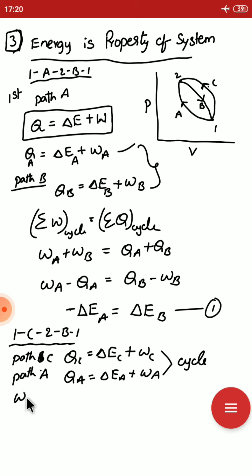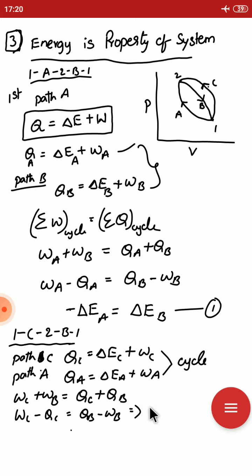The work transfer through the cycle is WC plus WB, which can be written as Q of C, Q of B. This is simple mathematics. I am writing QB and WB. This can be written as Q of C minus Q of B.